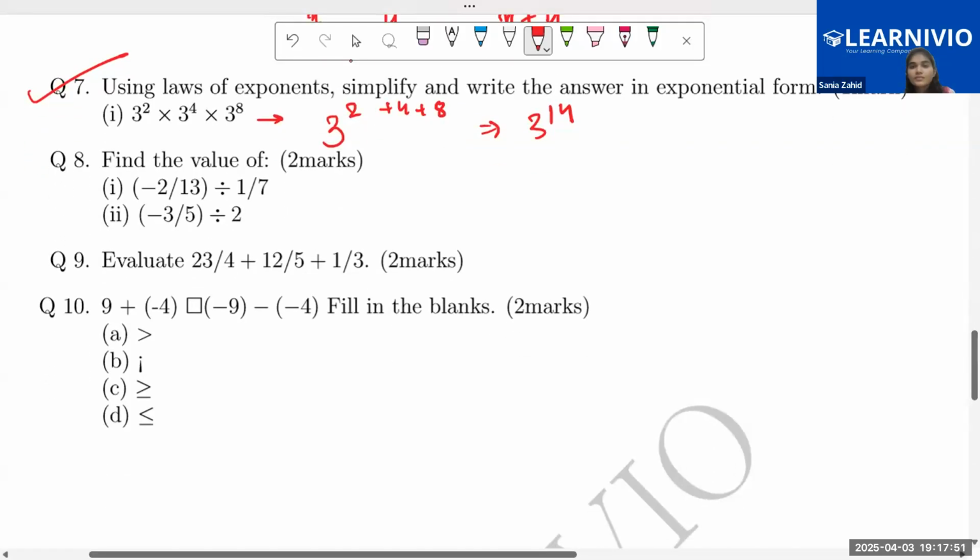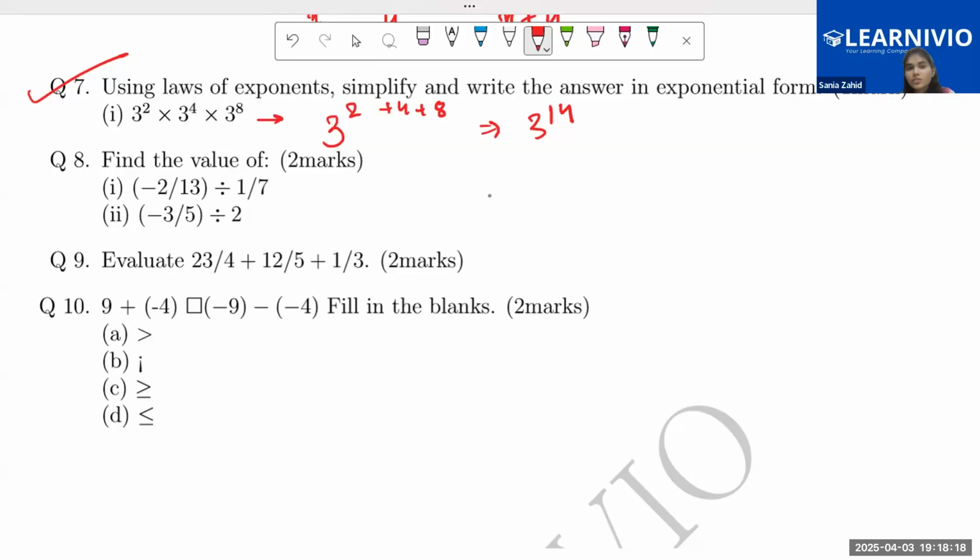Do question 8. Yes, ma'am. Ma'am, minus 14 by 13, the first part.